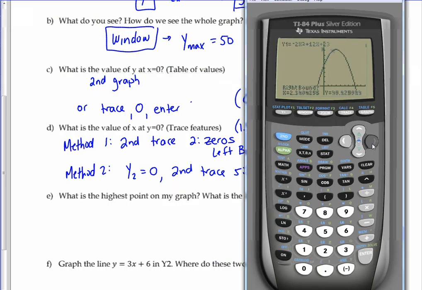Scroll. Enter, right bound, and then it says guess. If I don't put a guess, it just helps your calculator to go, okay, I'm telling you it's around this area, but it doesn't make a difference. And then you should get, now some of you get 3.000001?